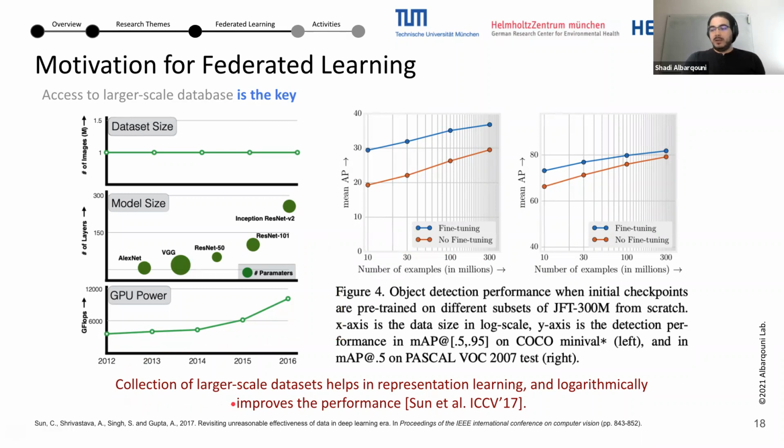It turned out the collection of a larger-scale database helps in representation learning and logarithmically improves the performance no matter the initialization or fine-tuning used, and no matter how noisy the labels are, indeed. So having access to this large-scale database is the key to improving the performance.